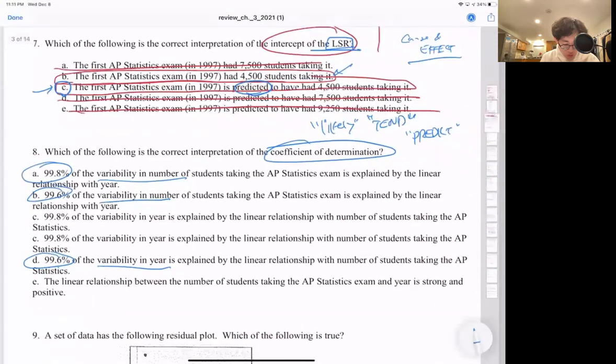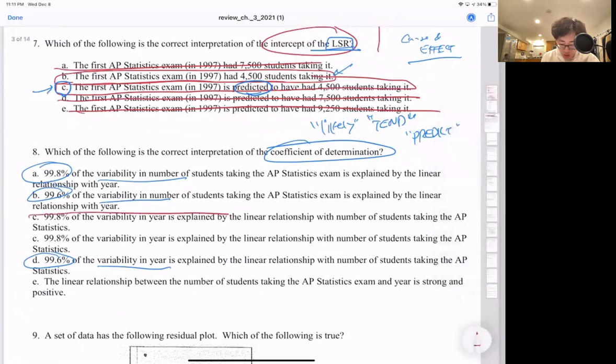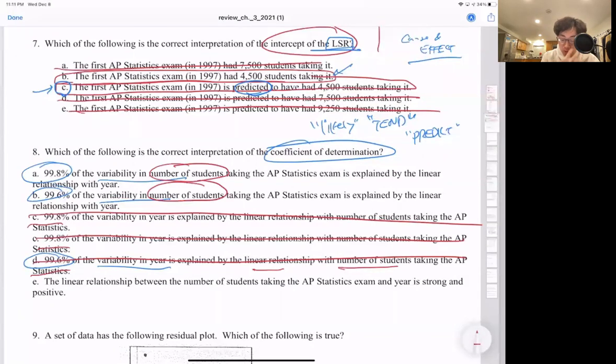So we definitely want to eliminate all of these answers. I know the C is repeated, so we want to eliminate both of the C's as well as D, because of the variability in the number of students explained by the linear relationship with the year. We always want to talk about the response variable first. Taking the AP stats exam explained by the linear relationship with the year.